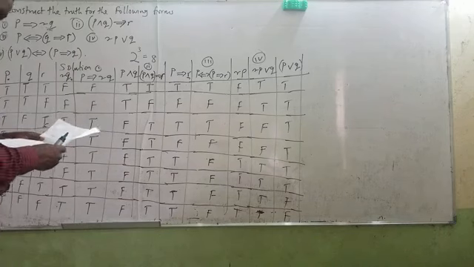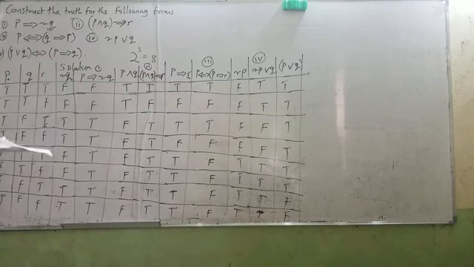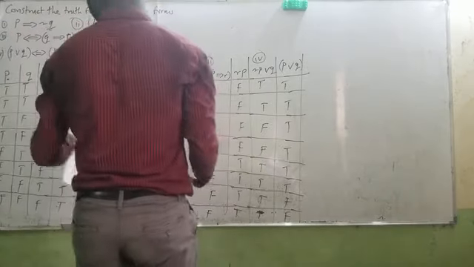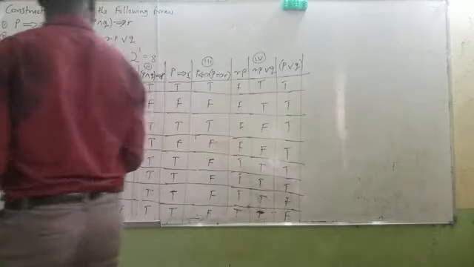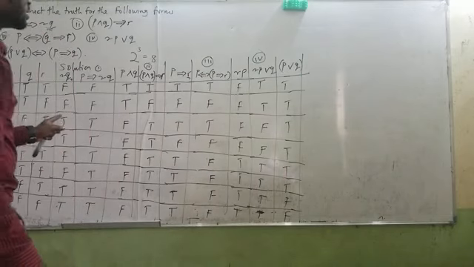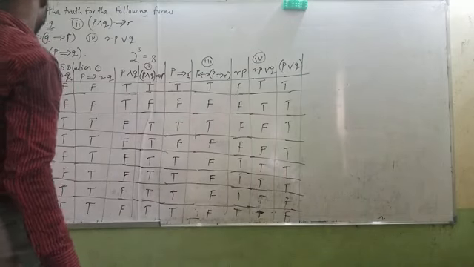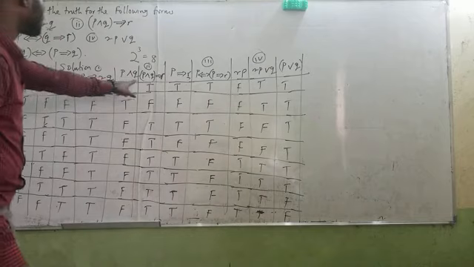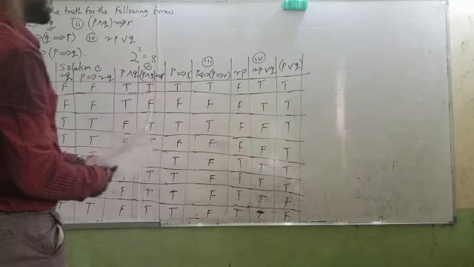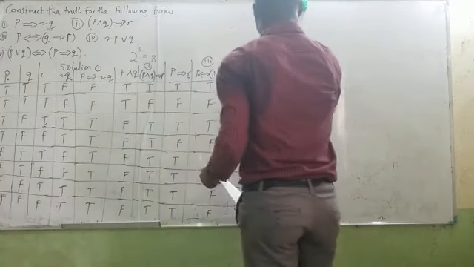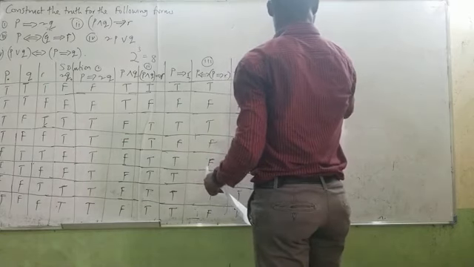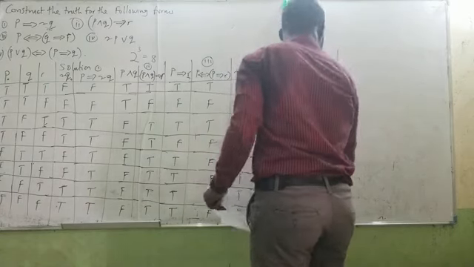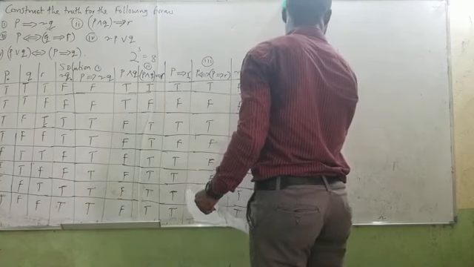Now, okay, can I continue? I will now move on to what? P implies Q. Can I have P implies Q here? Have I done it? P implies Q. Now, let me move on to P implies Q before I now solve my question.